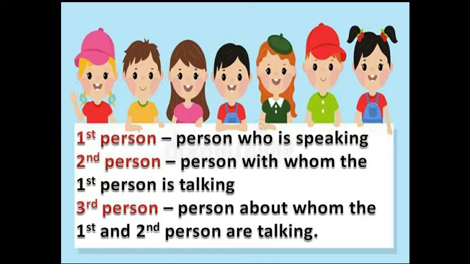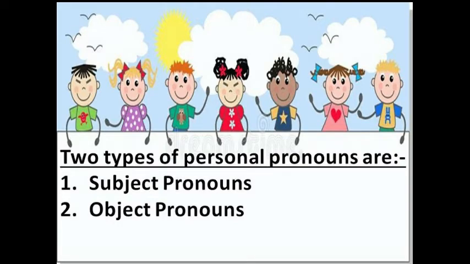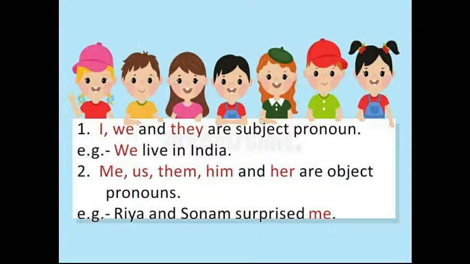Now, tell me how many types of personal pronouns are there? There are two types of personal pronouns, subject pronouns and object pronouns. Let us see which words are subject pronouns and which words are object pronouns. First, I, we and they are subject pronouns.